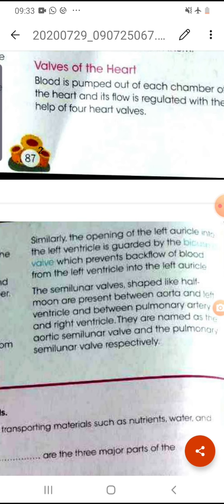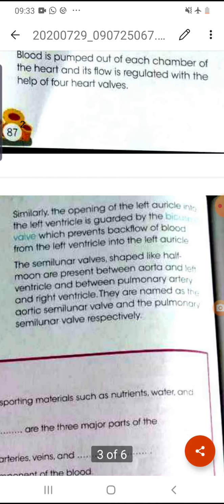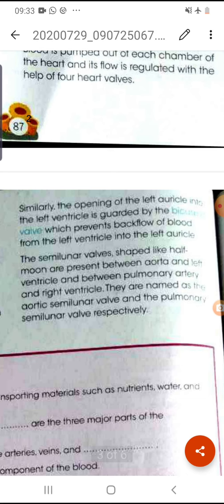Okay, and the semilunar valves, shaped like a half moon, are present between the aorta and the left ventricle, and between the pulmonary artery and the right ventricle. They are named the aortic semilunar valve and the pulmonary semilunar valve respectively.